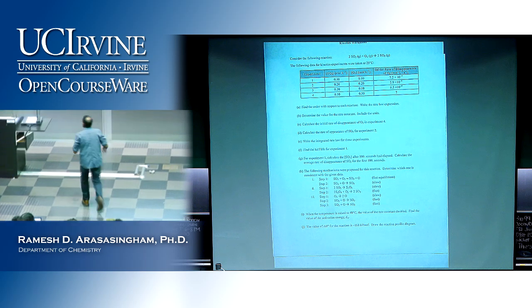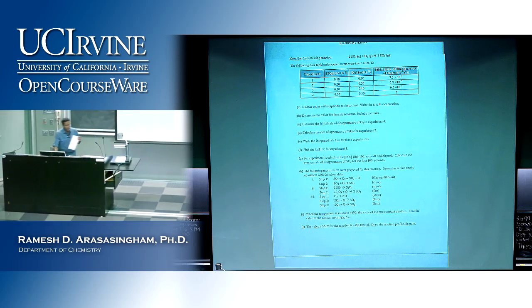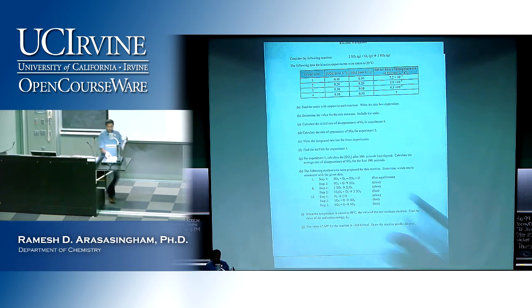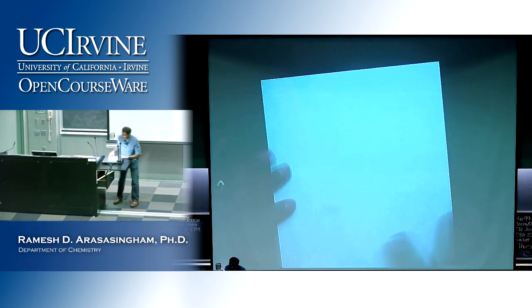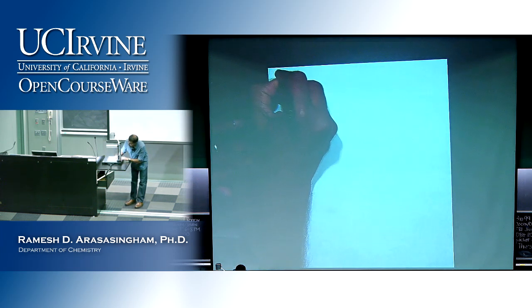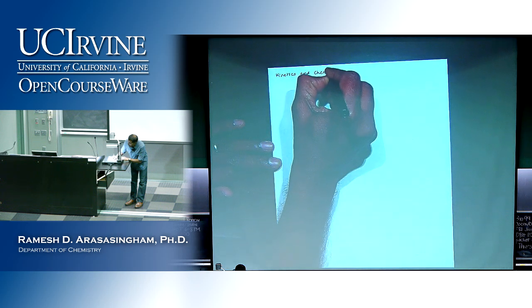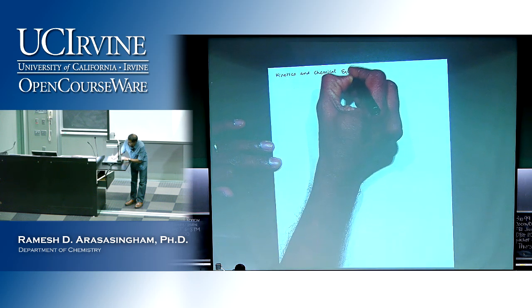Now what I want to do is relate this to equilibria as well. So we're going to look at kinetics and equilibrium, all right? Because there is a relationship between kinetics and chemical equilibrium.